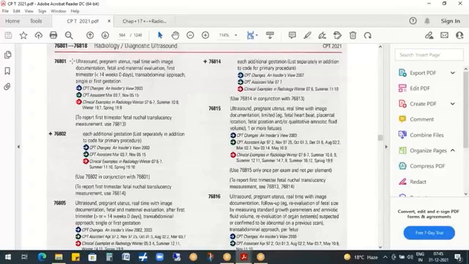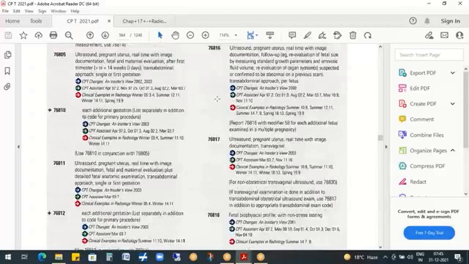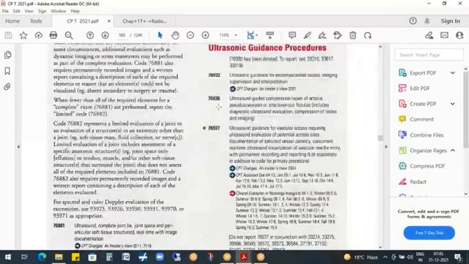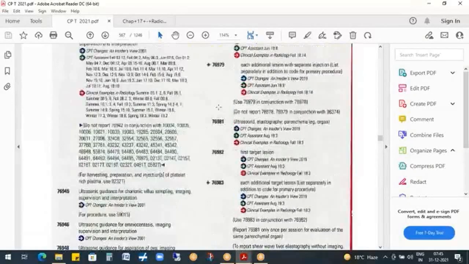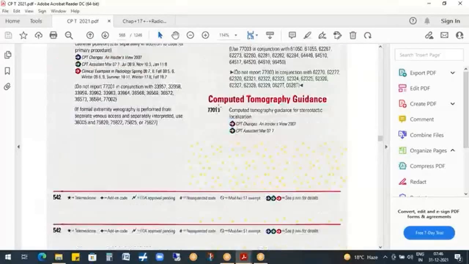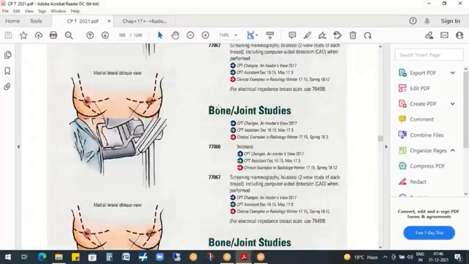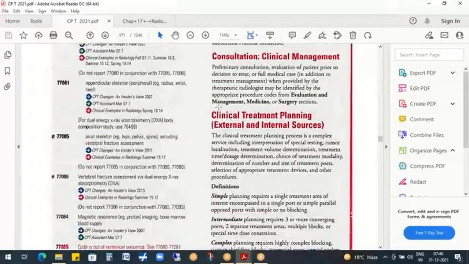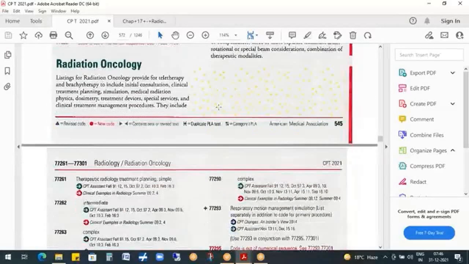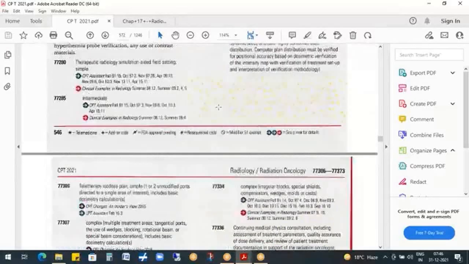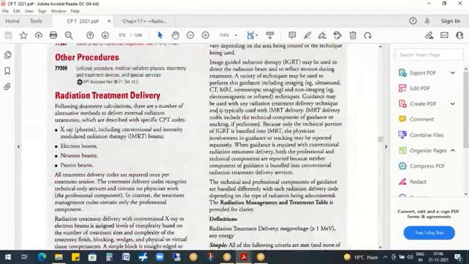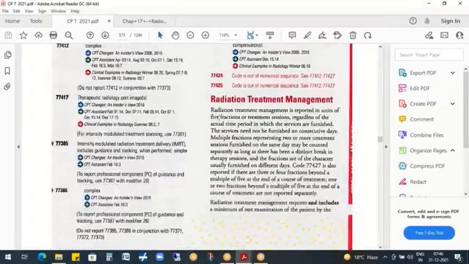Simple means 1 to 4. Intermediate means 5 to 10. Complex means more than 10.